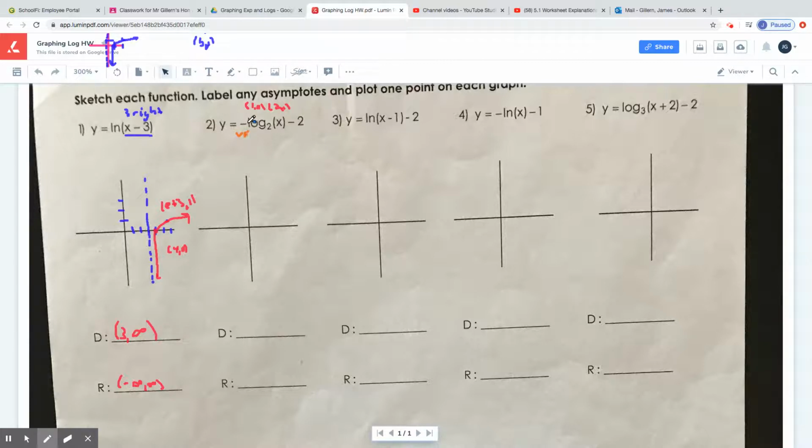That changes the signs of the y's. Nothing with the x, no numbers here. This negative 2 means I'm going to move this down 2. Since there's nothing horizontal, my vertical asymptote is still going to be at 0.